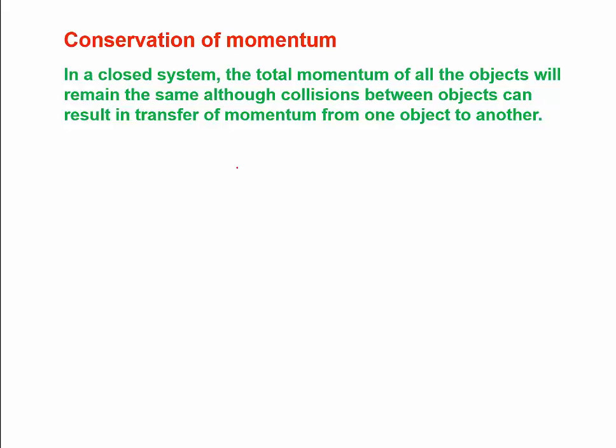You go there after 2 days and calculate the momentum of each ball and add them together. The law says the total momentum you got on the first day should be equal to the total momentum you got the second day. That's what it means. In a closed system, that means there is no friction or anything from outside, the total momentum of all the objects will remain the same, although collisions between objects can result in transfer of momentum from one object to another.